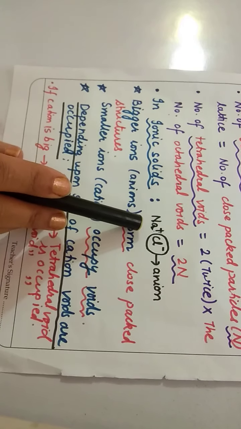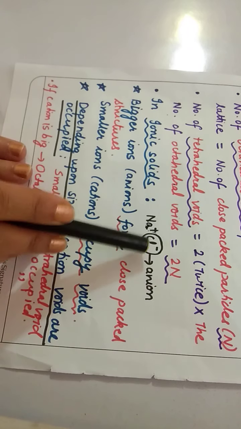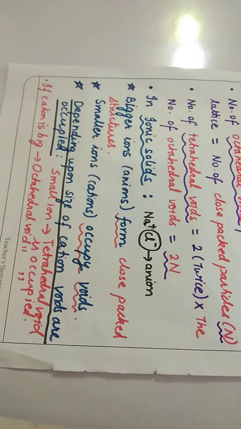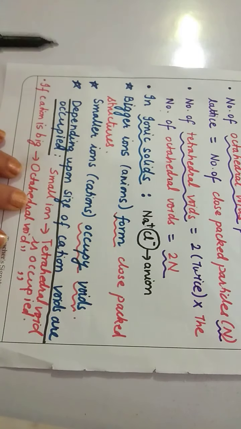Now we'll see ionic solids. Ionic solids are made up of ions such as NaCl. Na positive is the cation and Cl negative is the anion. So when we talk about ionic solids, in this the bigger ions are the anions and smaller ions are the cations.